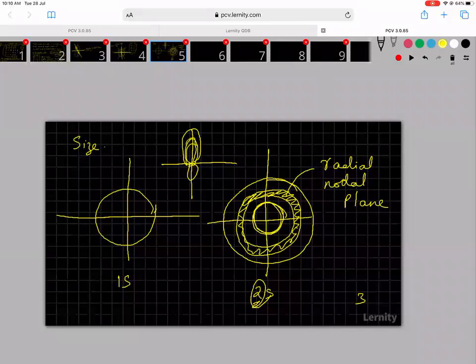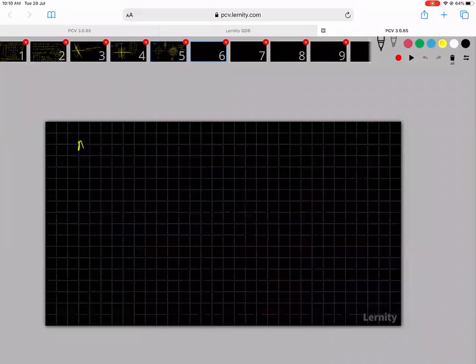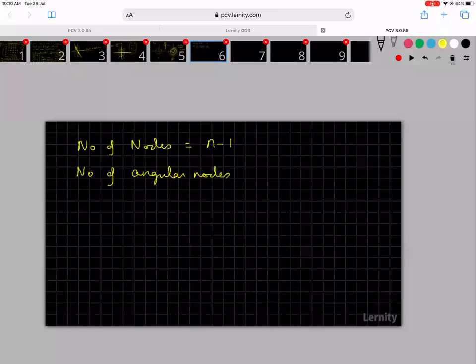Okay, so the number of nodes is equal to n minus 1. Number of angular nodes is equal to L. Number of radial nodes is equal to n minus L minus 1.